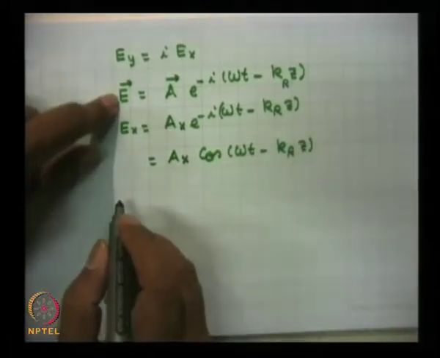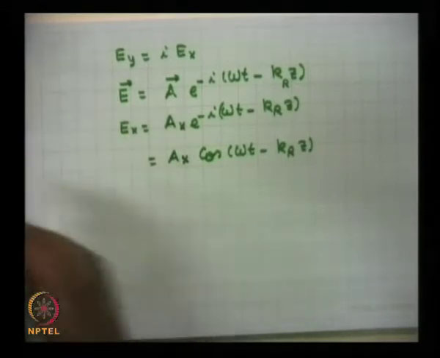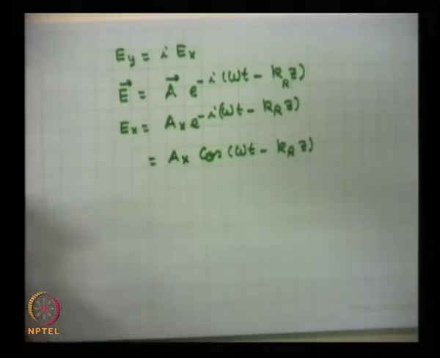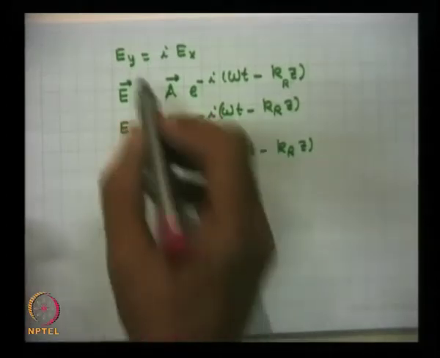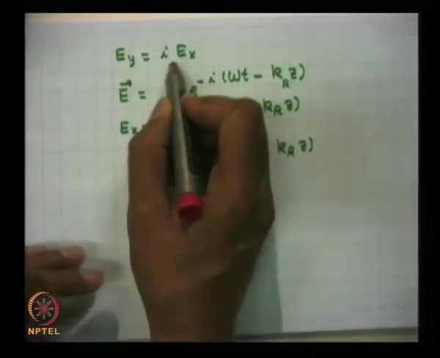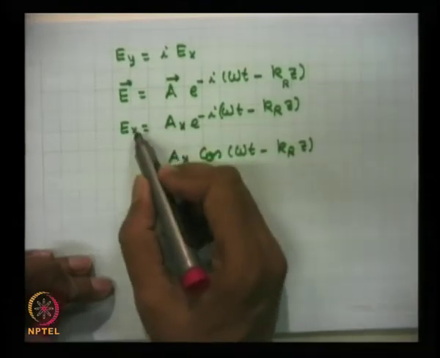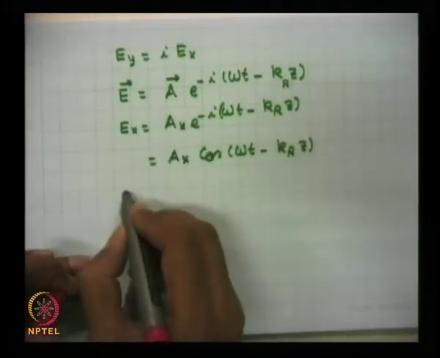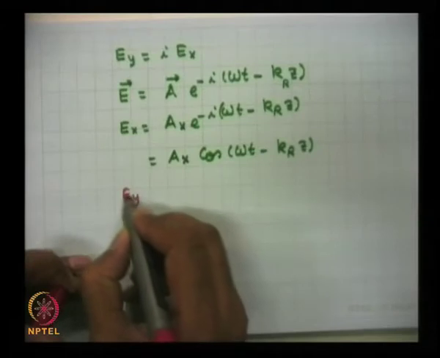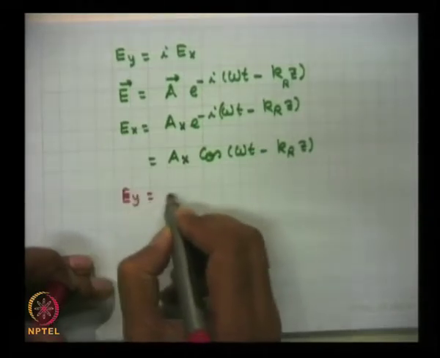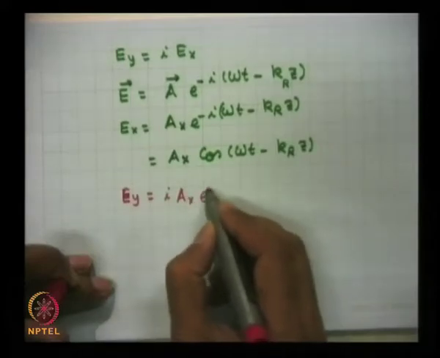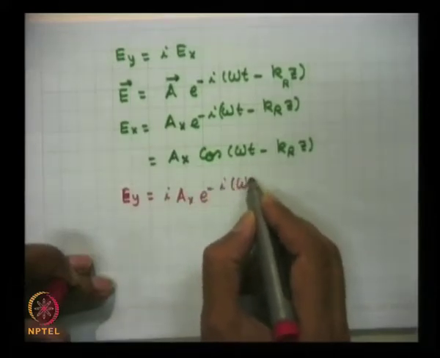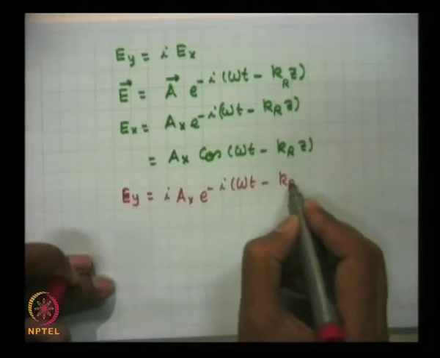Now let me write down the y component of this equation. Ey is i times Ex, so Ey is i times Ax exponential minus i omega t minus krz.